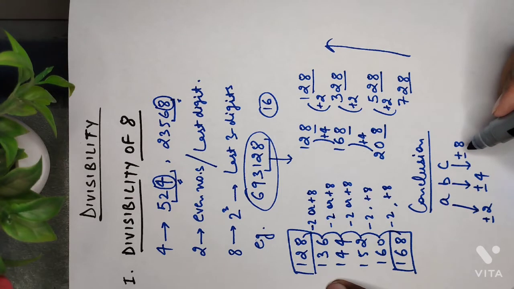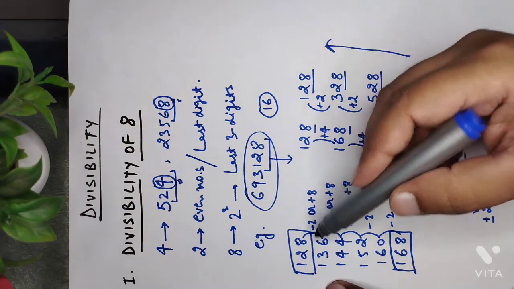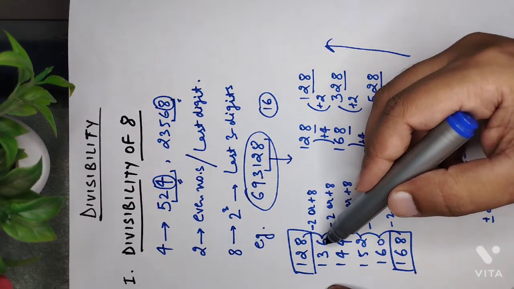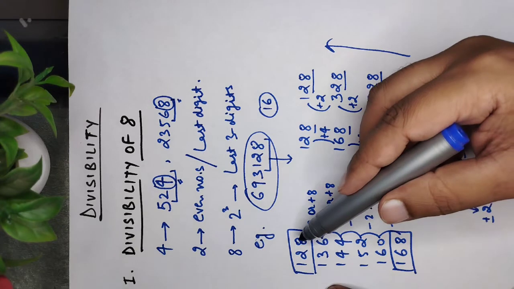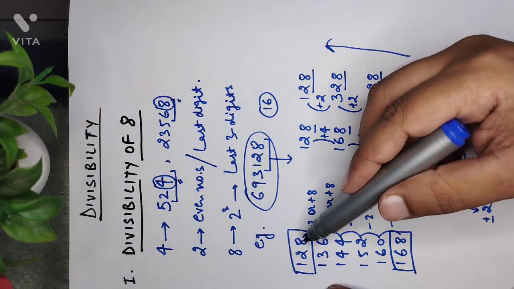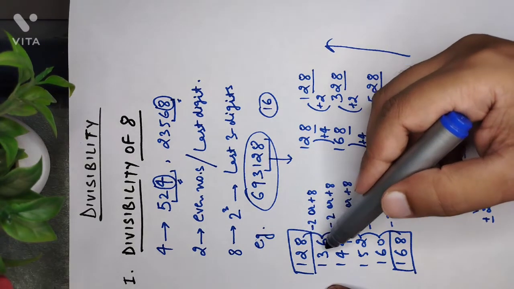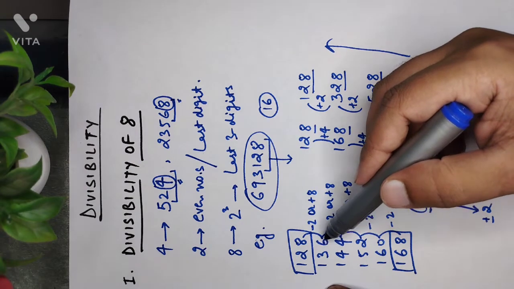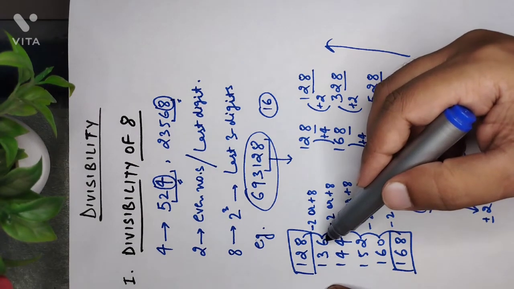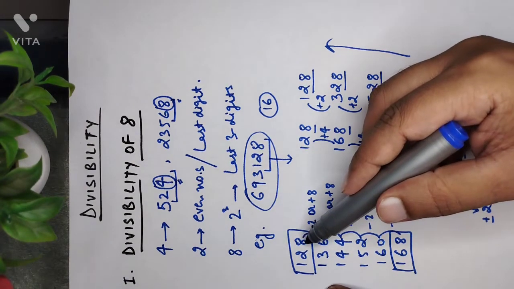Now if you are confused about how this number decreases or increases by 8, we can just see this example again. 8 plus 8 is 16, or if I subtract 8 from this, then I will get 0. If I subtract 8 from 16, I will get 8.